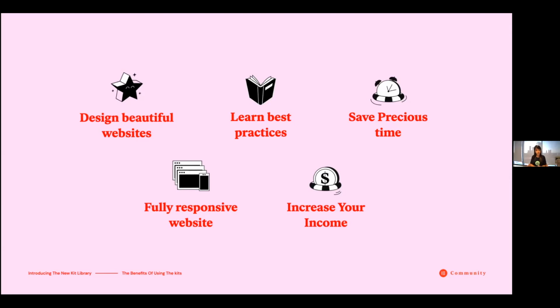As I mentioned before, you can save time by using the kits, which means that you can take more projects, with the use of the import-export feature. You can save your website with the adoption option that you did and increase your income. I will talk a little bit more about that later.